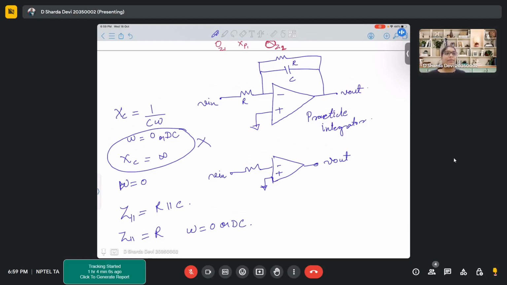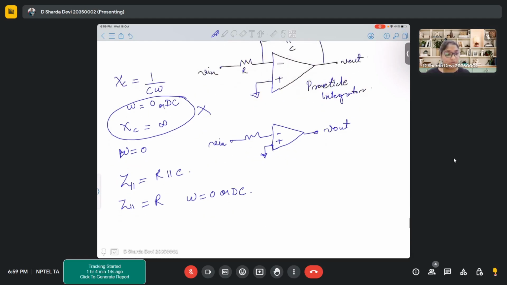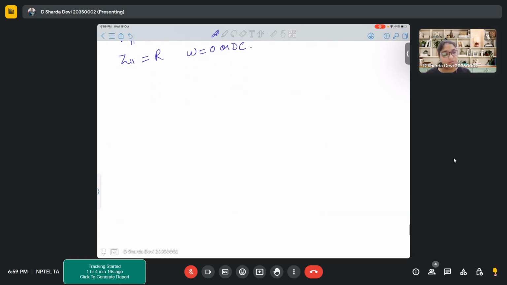The problem you solved some time back has two-stage amplifiers in a cascaded version. The output of one is fed to the input of the other, so that the gains get cascaded.